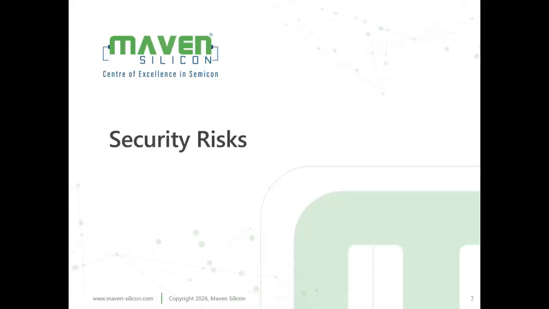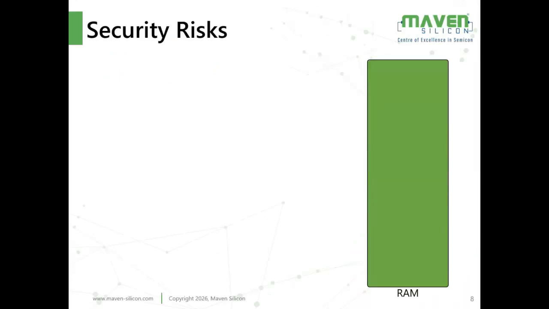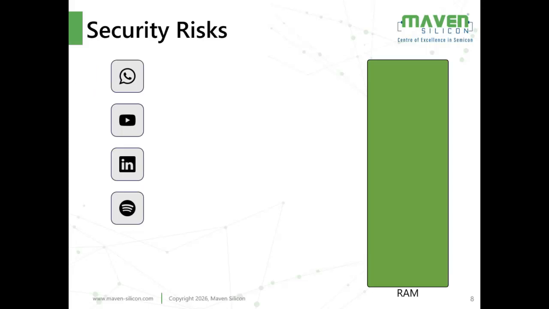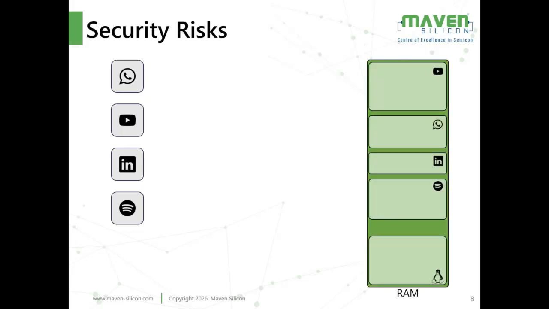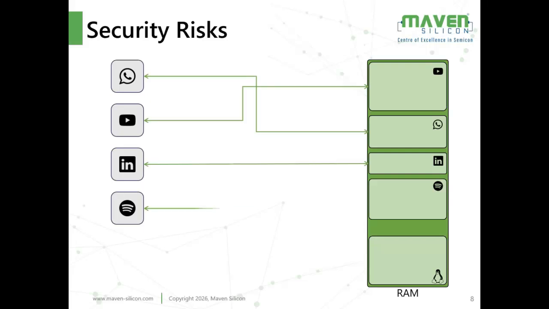The first problem is the security risk. Here we have a RAM and the programs. The programs request memory from the operating system and the operating system allocates memory to them. Each program can access its own allocated memory region. However, there is no mechanism preventing a program from accessing another program's memory.